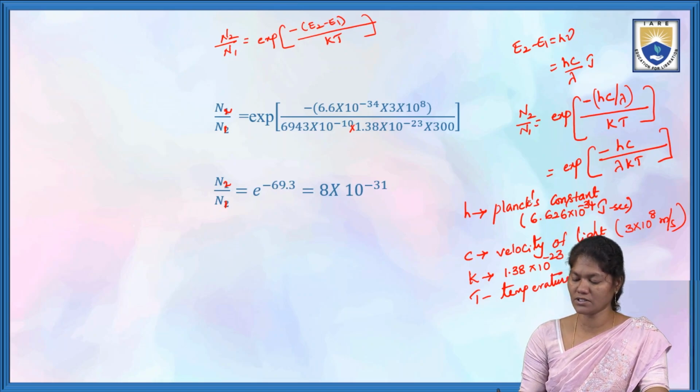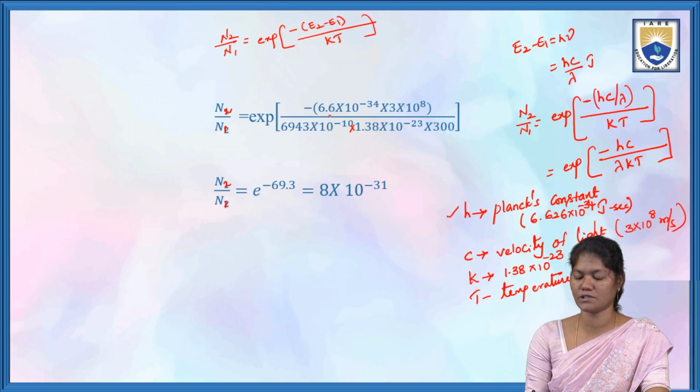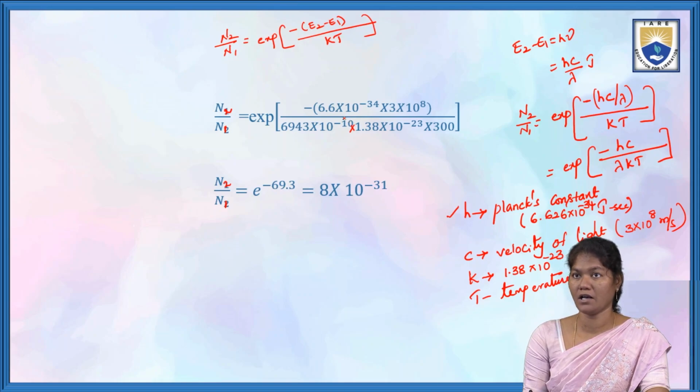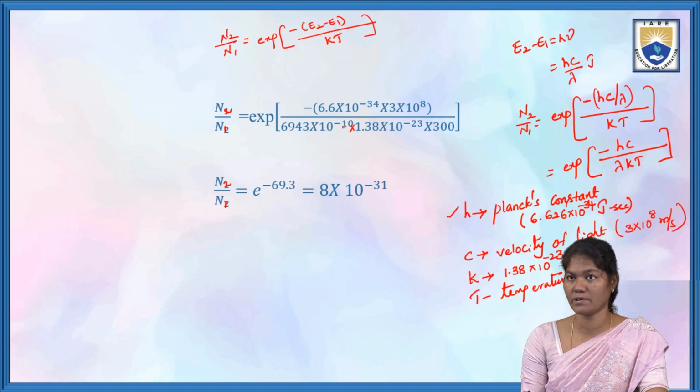So Planck's constant h is equal to 6.626 into 10 power minus 34, as I have written here, 6.6 as Planck's constant. So 6.6 into 10 power minus 34 into c, which is 3 into 10 power 8, divided by lambda.